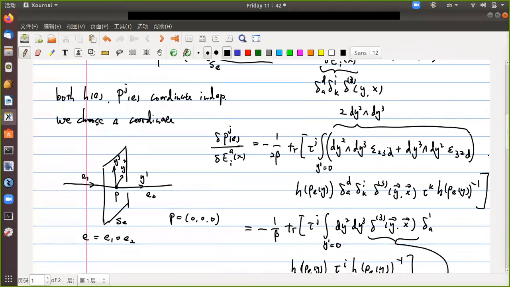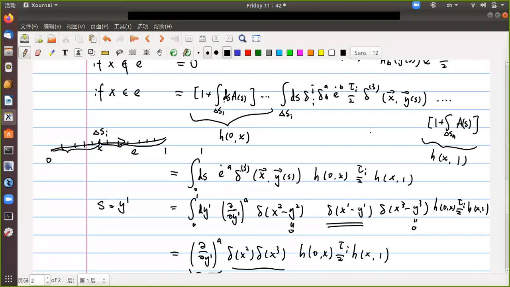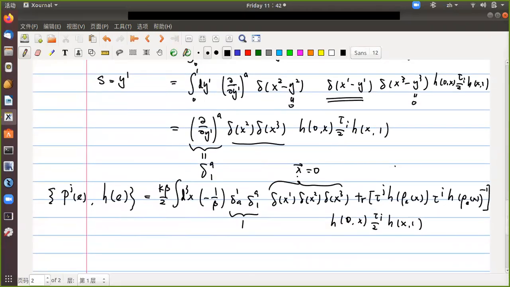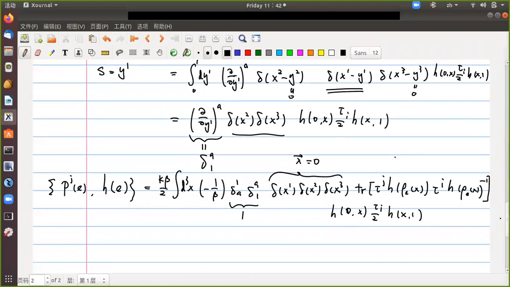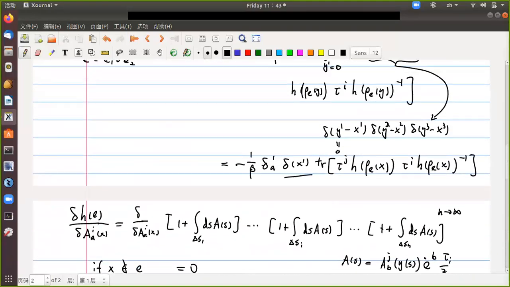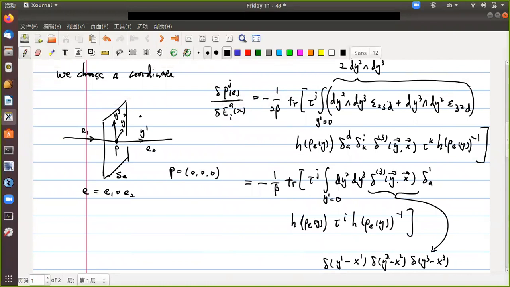But since we restrict everything to this coordinate, this x is also a number. For example, x means an arbitrary point, but the component of this vector x is just the evaluation of this point in this y coordinate. So your delta function is supported at x equals 0. It means that if you integrate over the delta function, you have to evaluate your integrand at the origin of these coordinates, which means you have to evaluate your integrand at the intersection point P.